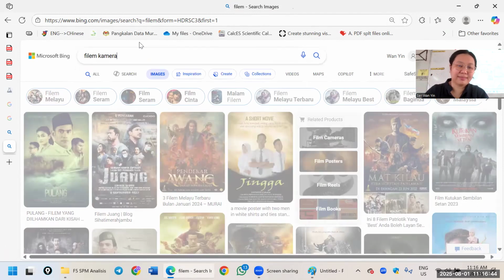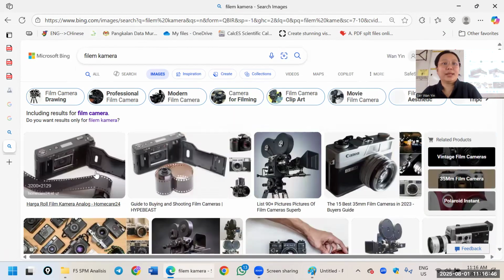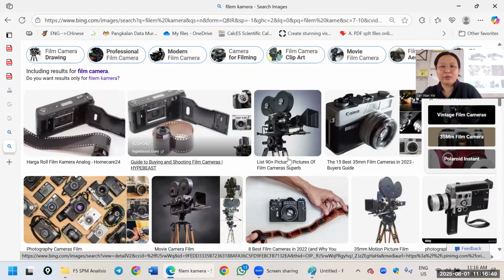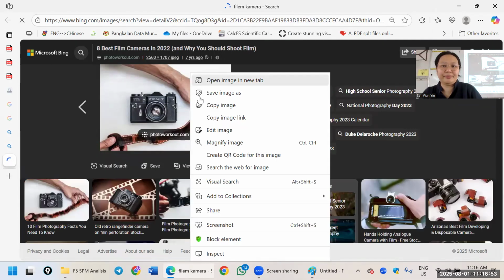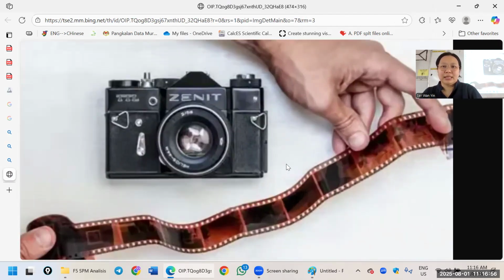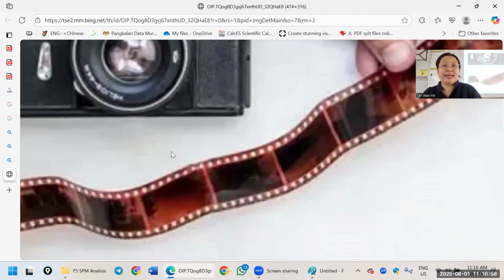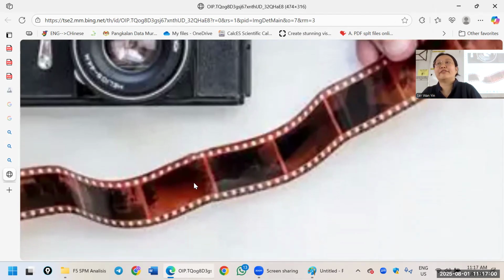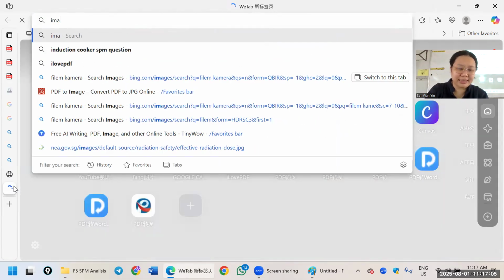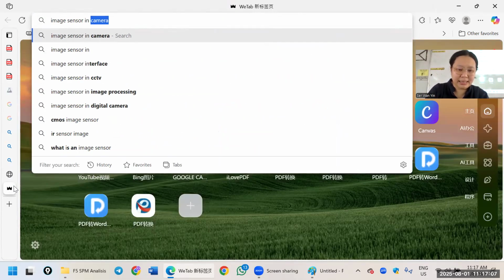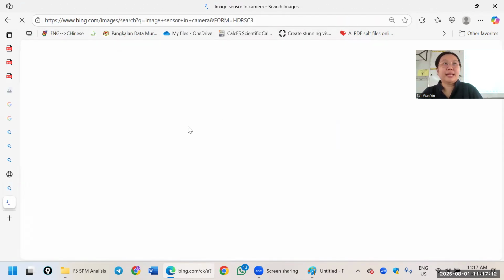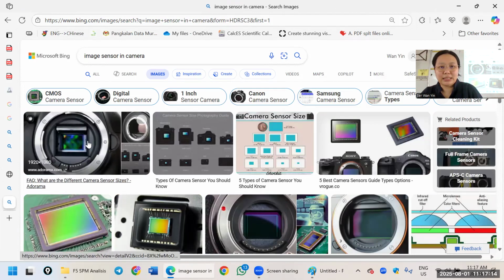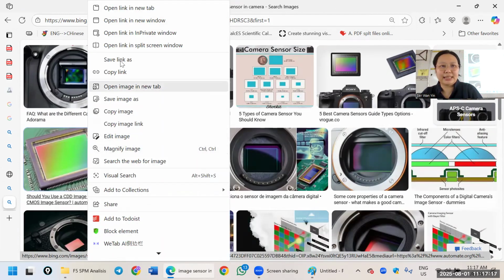Last time we were using this. So actually what happened to this film? You can see the light will be absorbed and exposed on the film. But now it's changed to an image sensor in the camera. Inside it looks like this.